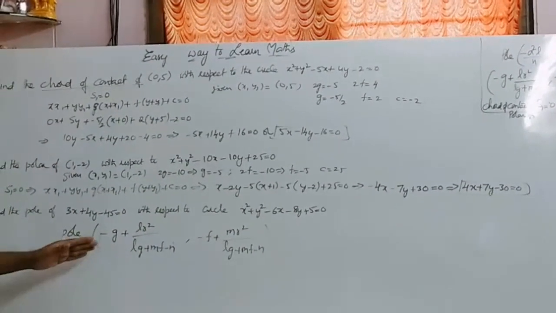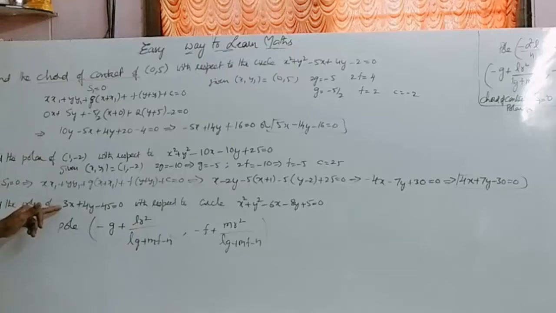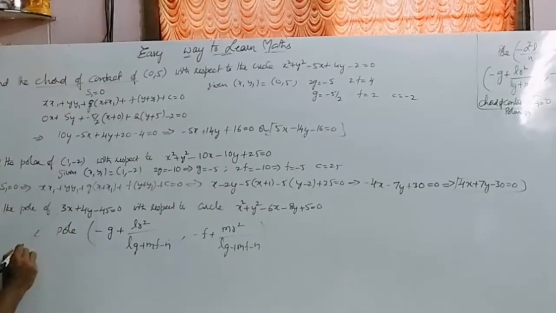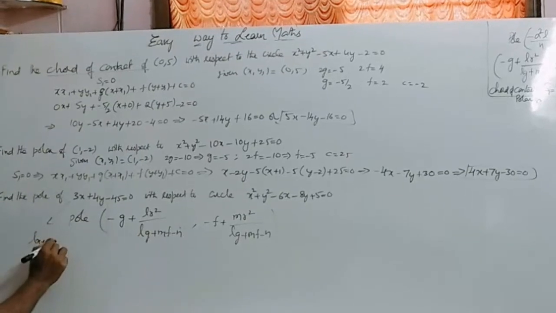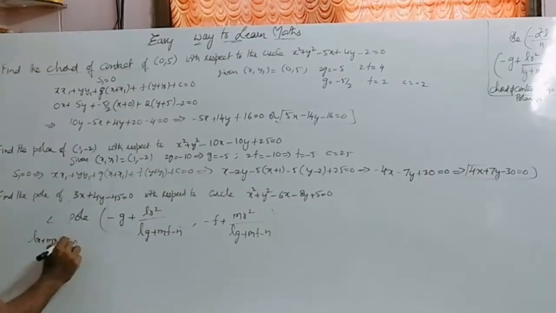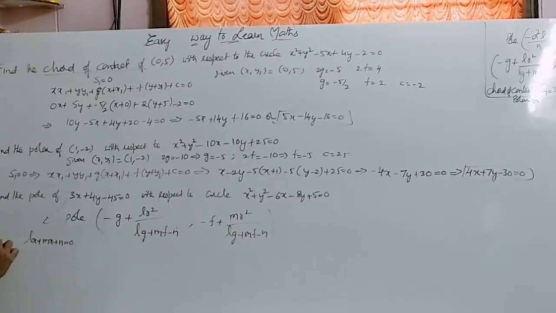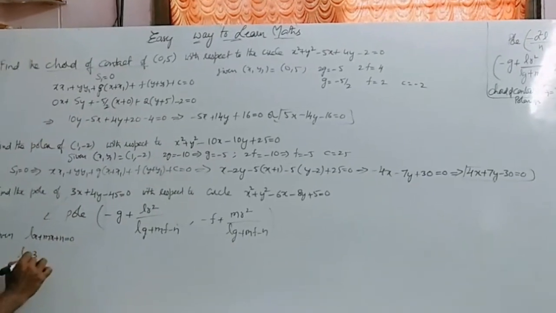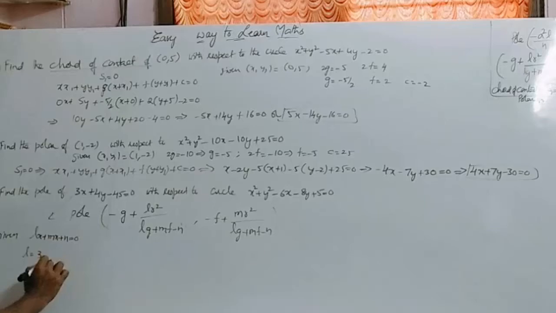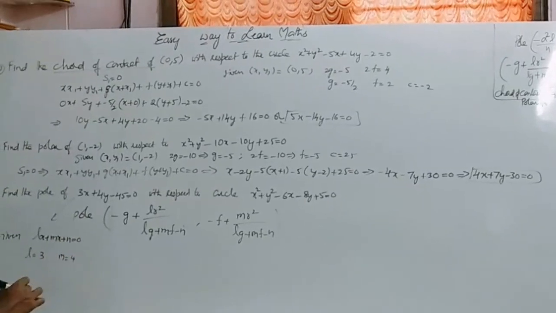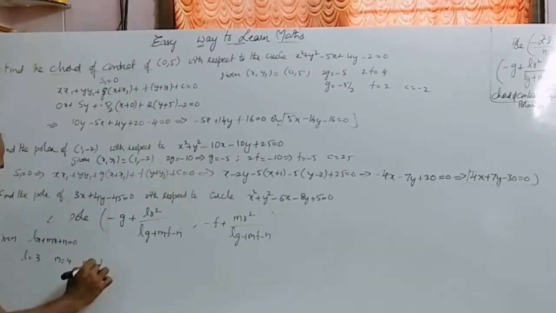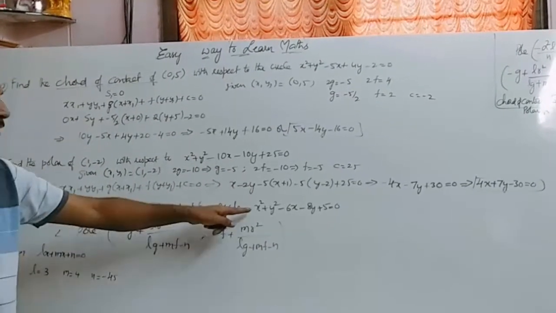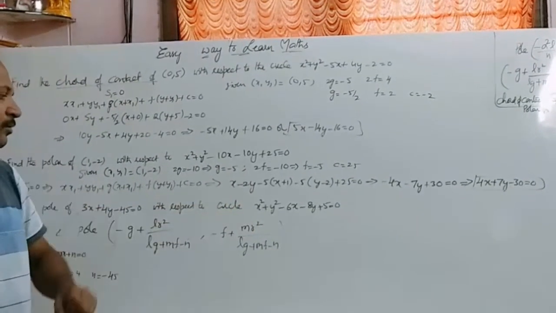Now let us substitute all these values. Here the given line must be compared with Lx plus my plus n is equal to 0. Then L becomes 3, L is equal to 3, m becomes 4, m is equal to 4 and n is equal to minus 45. Again, by using this circle we have to find the value of r.